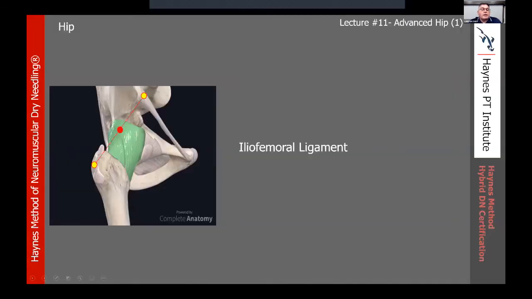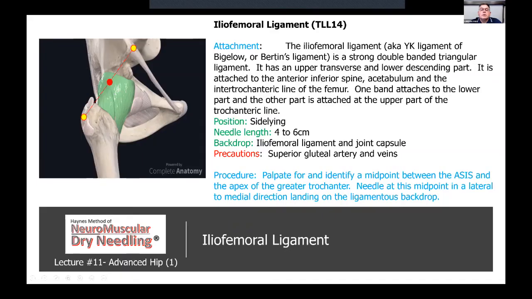Then the iliofemoral ligament: we will find the ASIS and the lateralmost apex of the greater trochanter. We'll find a midpoint bisecting line, and we'll needle. We're in the sideline position. We'll needle top side to mat side to land onto the iliofemoral ligament.